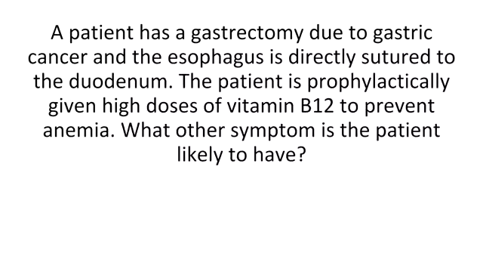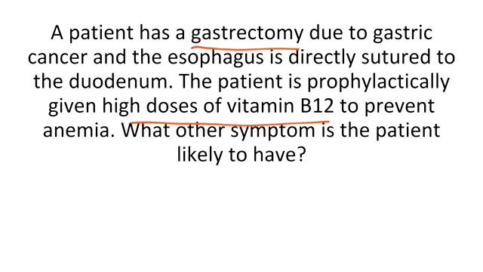A patient has a gastrectomy due to gastric cancer and the esophagus is directly sutured to the duodenum. The patient is prophylactically given high doses of vitamin B12 to prevent anemia. What other symptom is the patient likely to have? Okay, from the question stem, we know that the patient had a gastrectomy, and the patient has been prescribed high doses of vitamin B12.